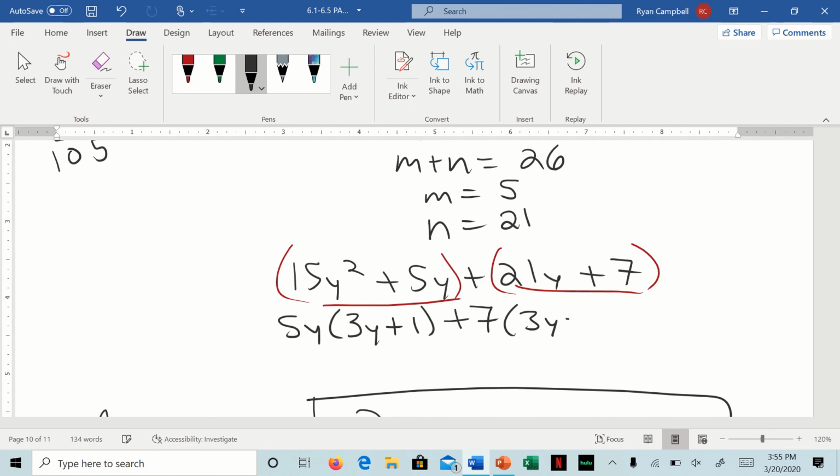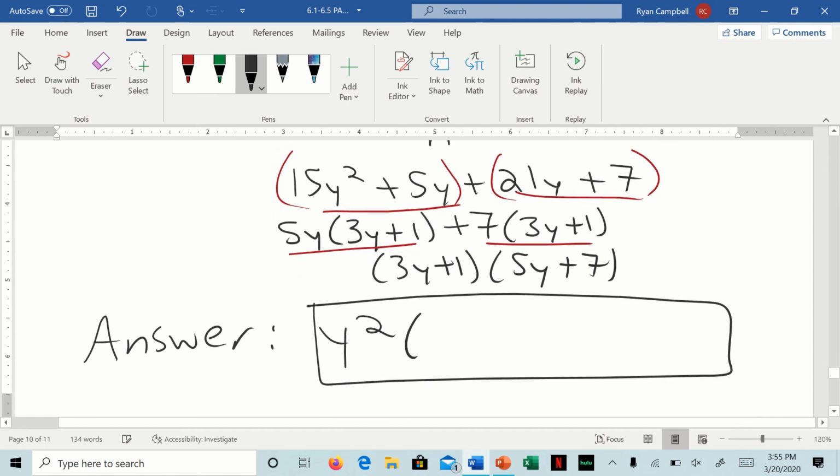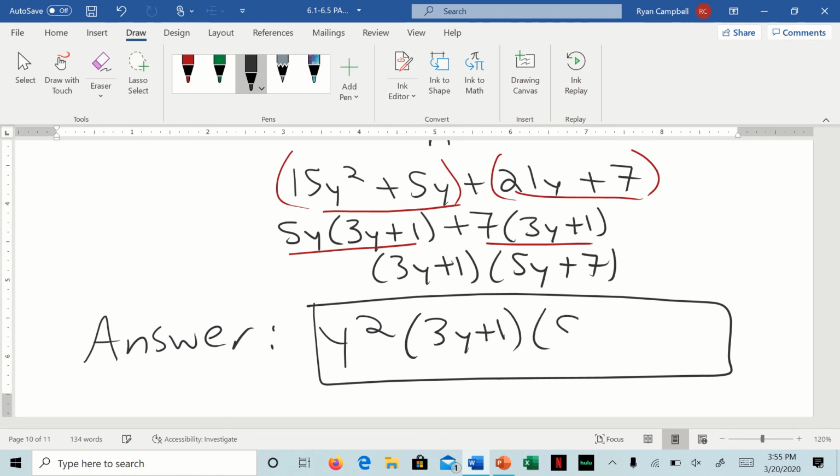So that's 3y plus 1, which is good because now we've got the 3y plus 1 and the 5y plus 7. But because you did this at the very end, you know that's not the answer. You have to include the y squared as well. So again, that might be a really good way of not missing that y squared.